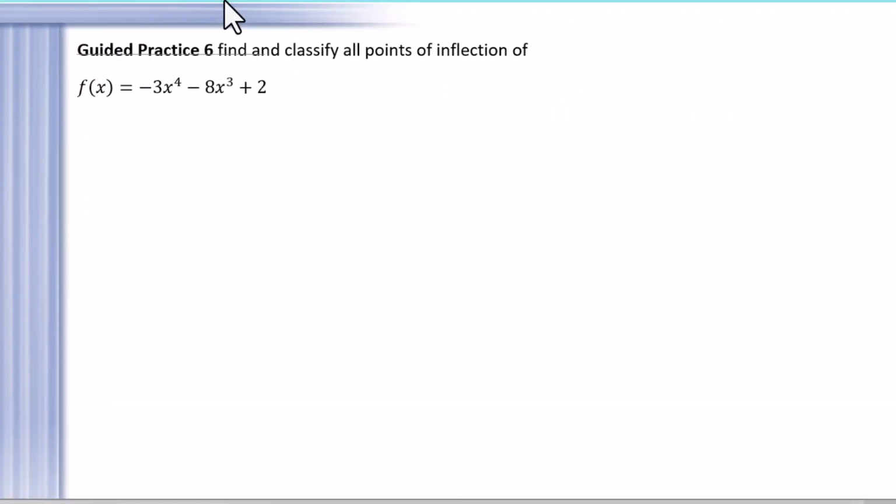Find and classify all points of inflection. Inflection means f double prime of x equals 0. We need to figure out the second derivative of this function.